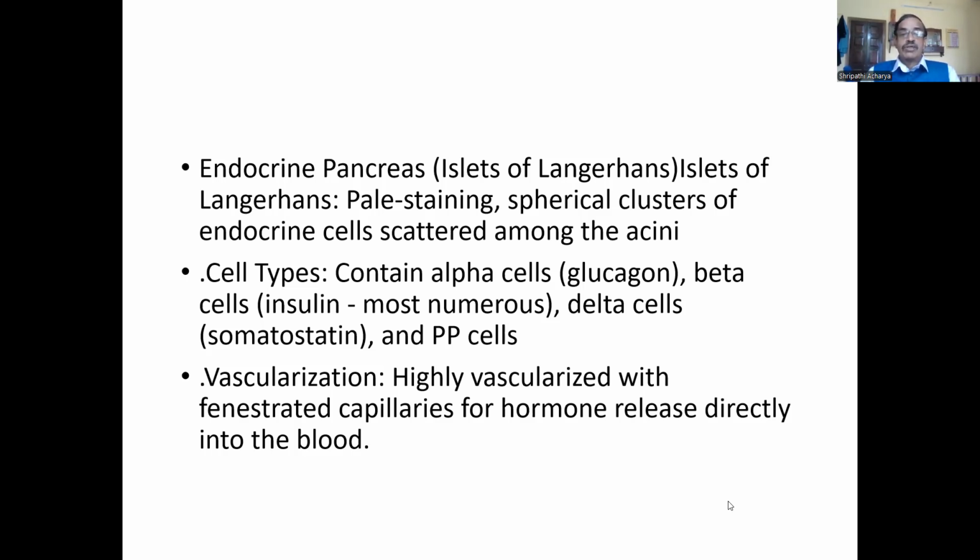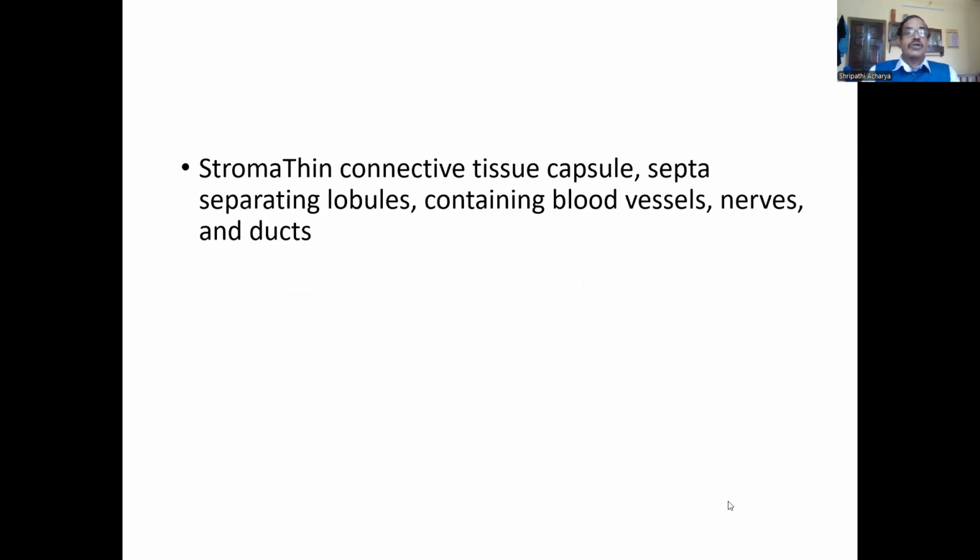Vascularization. Highly vascularized with fenestrated capillaries for hormone release directly into the blood. Stroma, thin connective tissue capsule. Septa, separating lobules, containing blood vessels, nerves, and ducts.